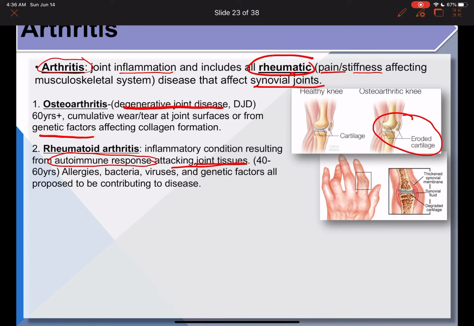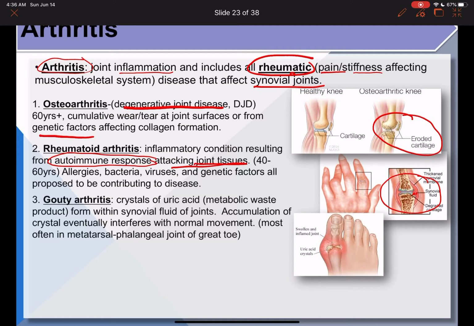So it can usually happen between anywhere from 40 to 60 years of age, and it can be a whole variety of underlying conditions: allergies, bacterial infection, viral infection, or even genetic factors can all be contributing to the disease.